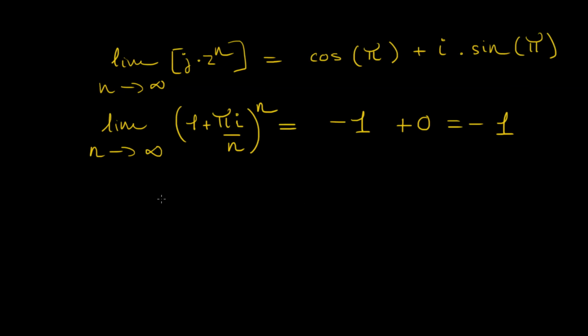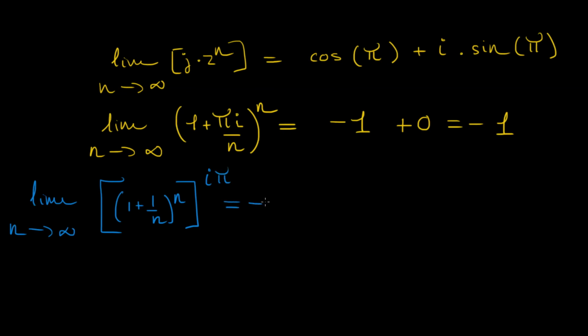But now let me go back to the relationship we found. We can rewrite this relationship as the limit as n goes to infinity of 1 plus 1 over n to the n power, and all of this to the i pi power, equal to minus 1. But if you remember, the definition of the number e is the limit as n goes to infinity of 1 plus 1 over n to the n power.